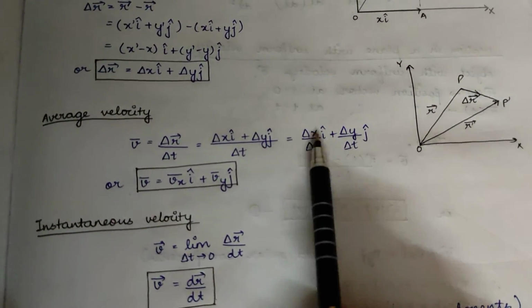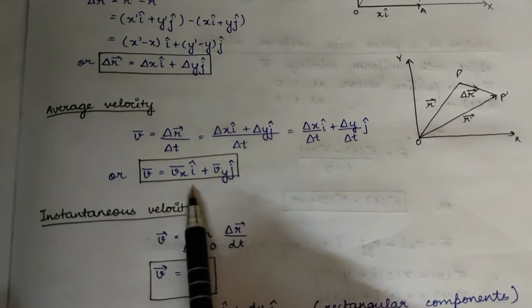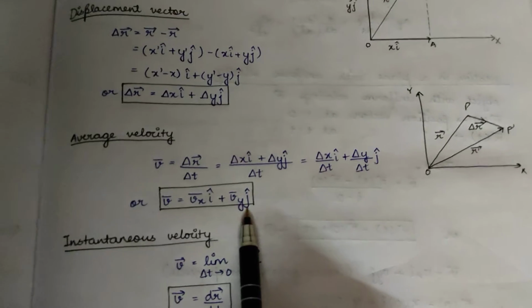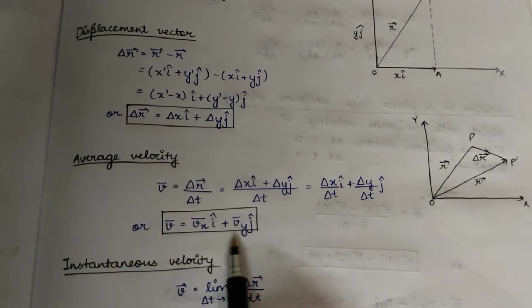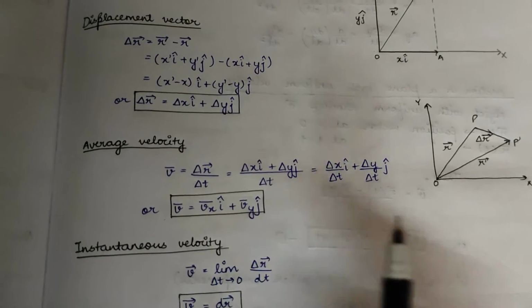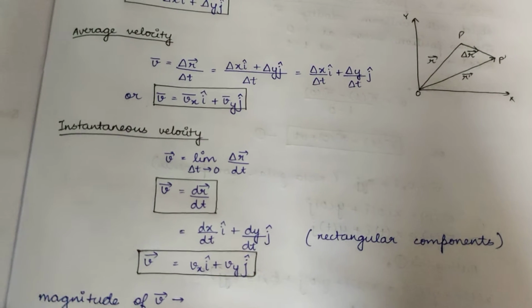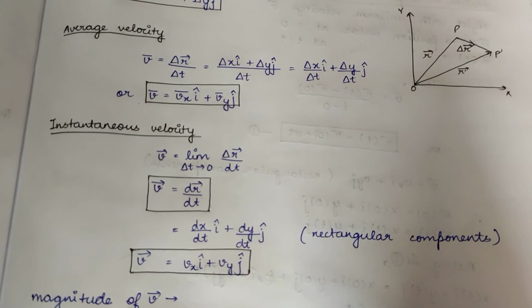So this will give you the velocity component along the x-axis, and this will give you the velocity component along the y-axis. Therefore, average velocity in terms of its rectangular components will be v equals vx i cap plus vy j cap.